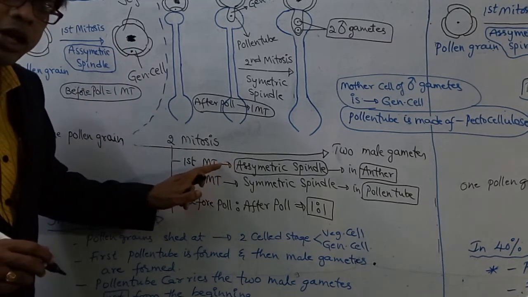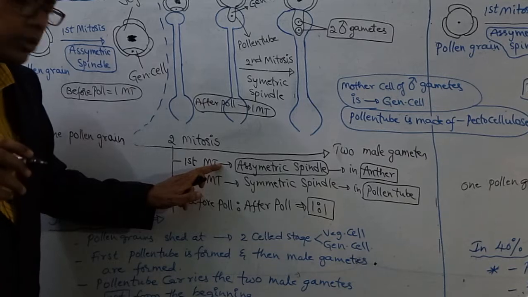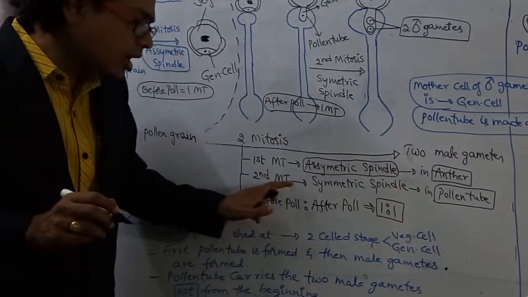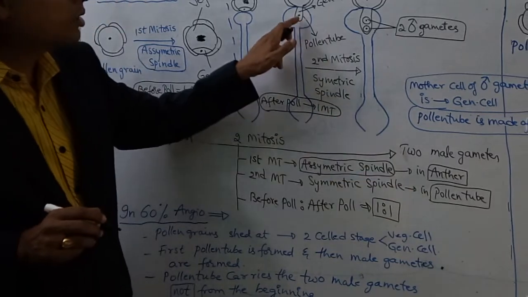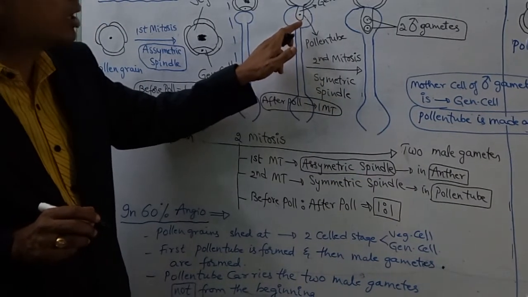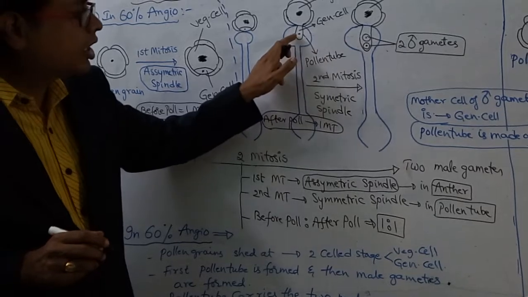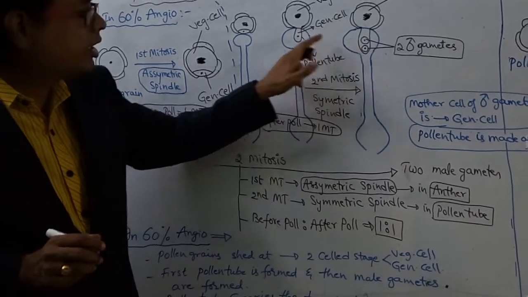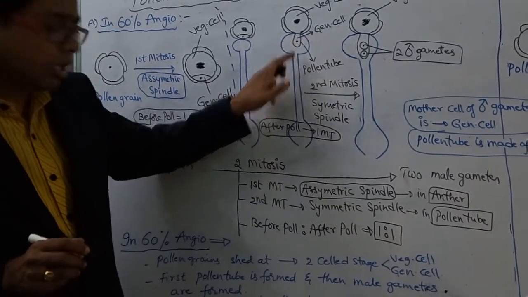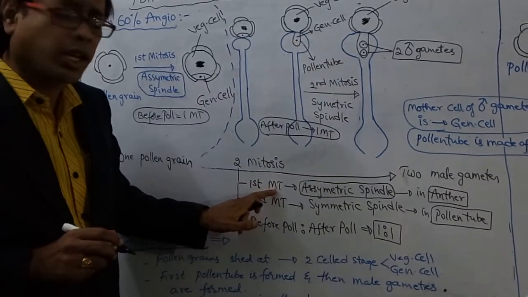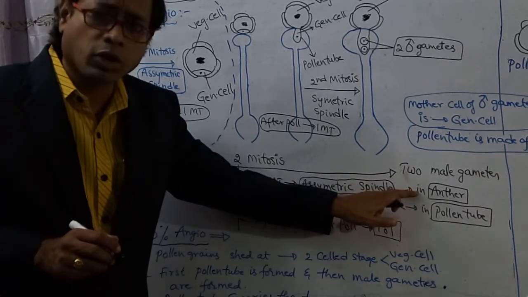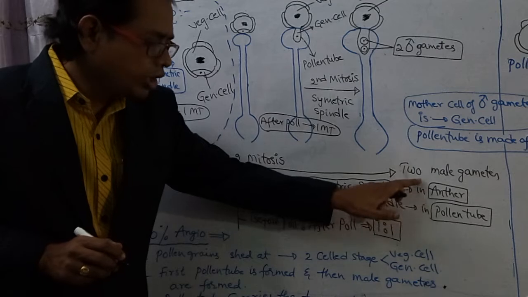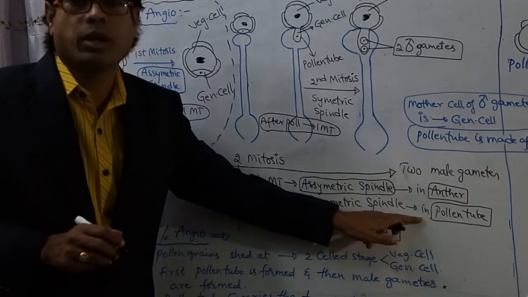So the first mitosis occurs in the anther. The second mitosis occurs in the pollen tube. Where does the second mitosis occur? The generative cell divides into two male gametes inside the pollen tube. So the first mitosis occurs in the anther, that is the microsporangium. The second mitosis occurs in the pollen tube. These 2 points are very, very important, my dear students.